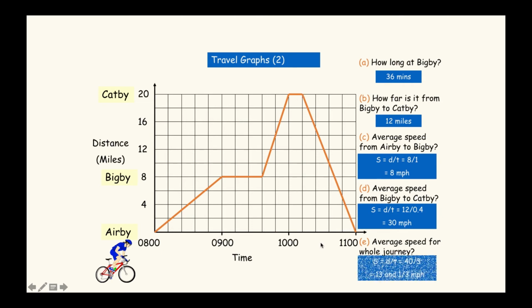All right, so altogether they travelled 40 kilometres, miles, and they did it in a space of 3 hours in total. So 40 divided by 3 on your calculator would give you 13.3 miles per hour. You can write it as 13 and a third, because the 0.3 is a third, isn't it? Miles per hour. Okay?